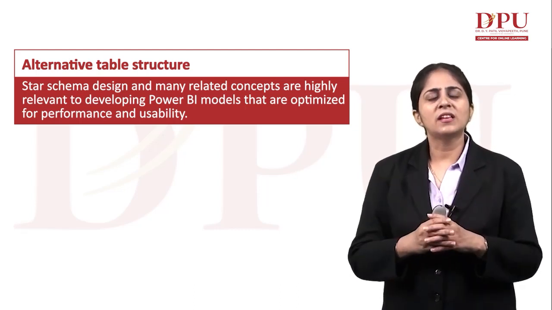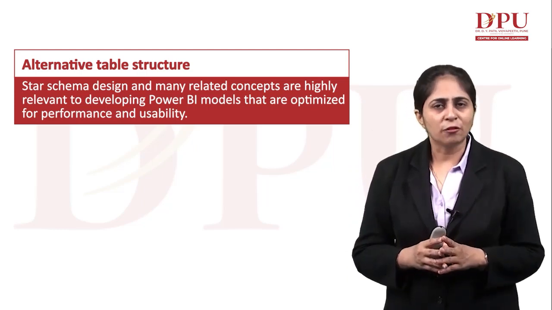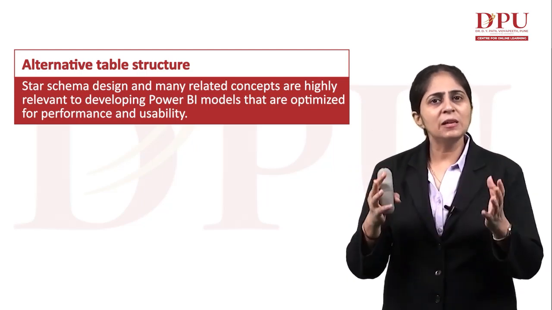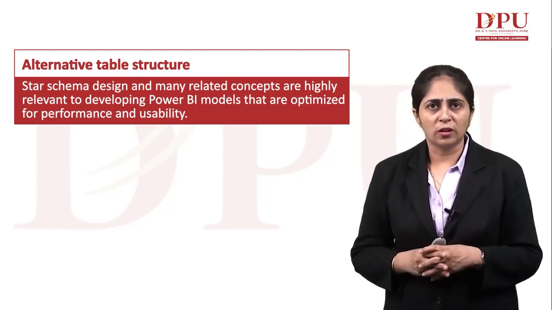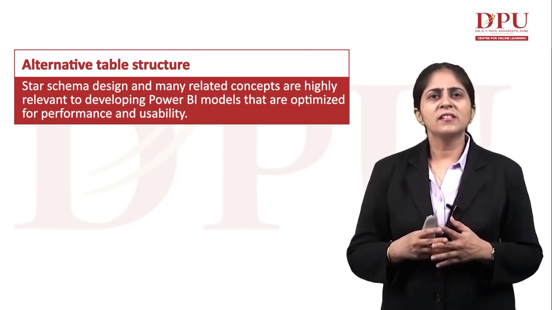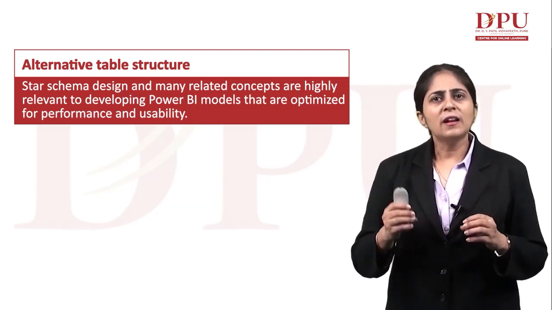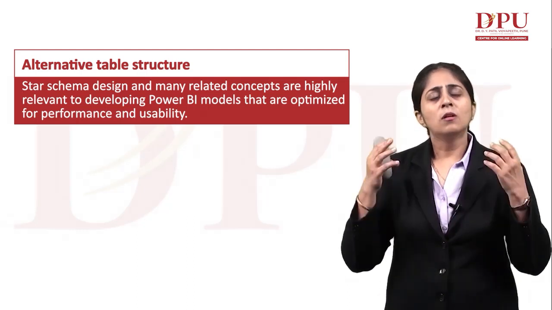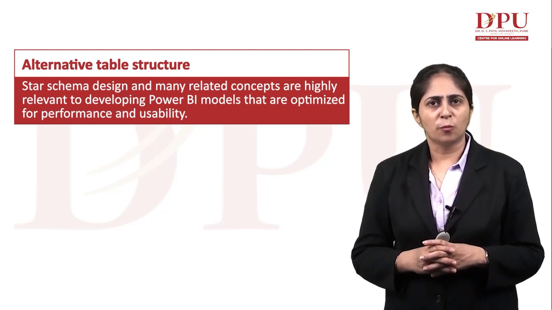Whenever we have to design our business intelligence model, we have to use a particular schema, deciding in what way we should design this model. So star schema design and its related concepts are highly relevant when it comes to developing the business intelligence model.